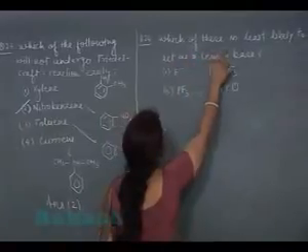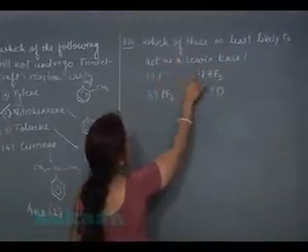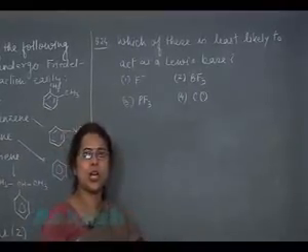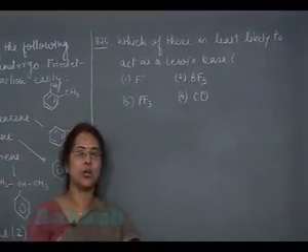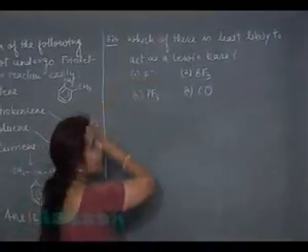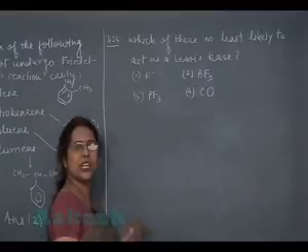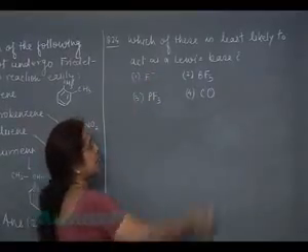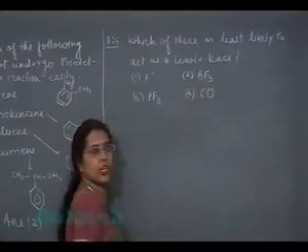Which of these is least likely to act as a Lewis base? Lewis base is that substance which have the tendency to donate electron pair. Now see, this is fluoride ion. Fluoride ion will easily act as Lewis base. There is a negative charge. Second option is BF3.